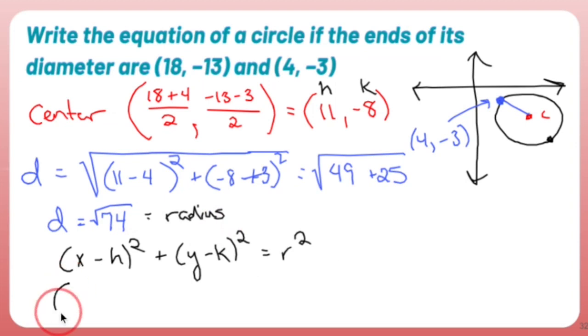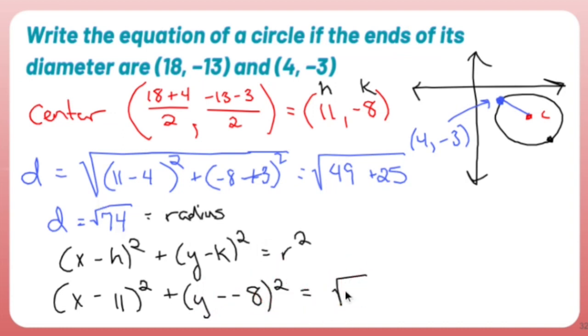We might have to do some cleanup, so I'll just write out what I have. (x minus h) is (x minus 11) squared, plus (y minus k) is (y minus -8) squared. We'll clean that up. That's going to equal the square root of 74, squared. So we'll make that a positive.